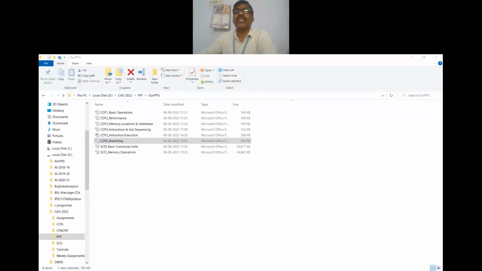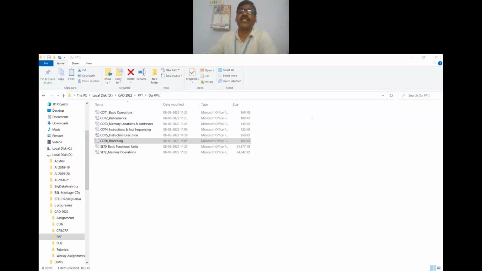First, we are loading num1 into register R2, and loading num2 into R3. Then you add this R2 and R3 value and store that result again into R2.